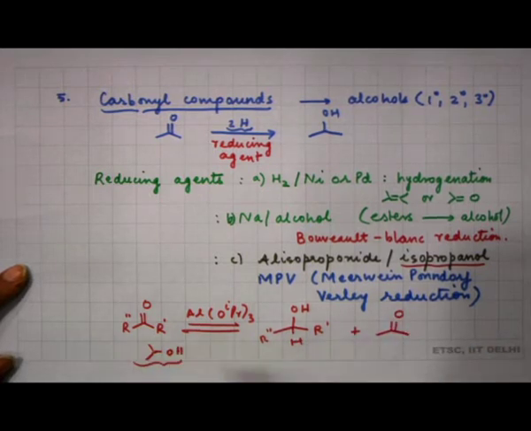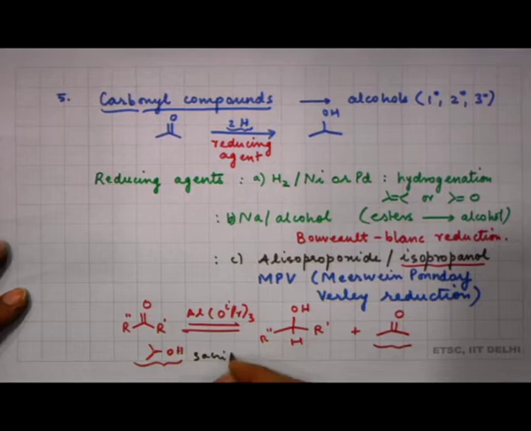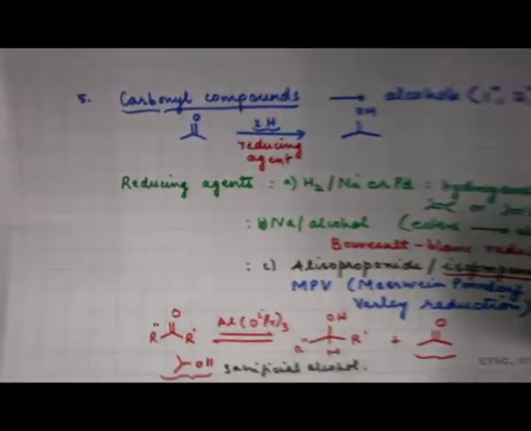So, your isopropanol is converted to acetone. This is the sacrificial alcohol which is giving away its hydrogens to the carbonyl system. So, there are very many such reducing agents which can be used to convert carbonyl compounds to alcohols.